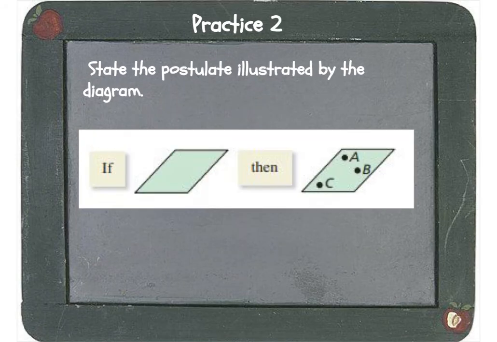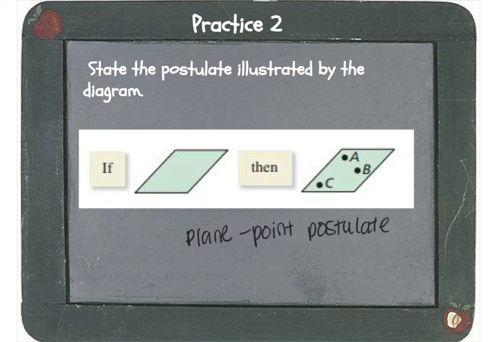Our practice to state the postulate illustrated by the diagram. This is the Plane-Point Postulate. Because this is stating if there exists a plane, then there are 3 non-collinear points inside of that plane, at least 3 non-collinear points.